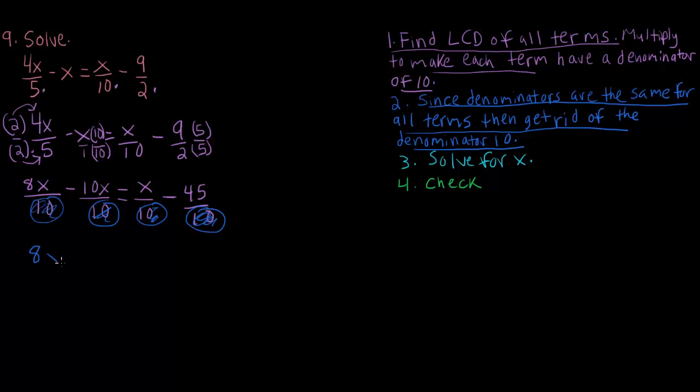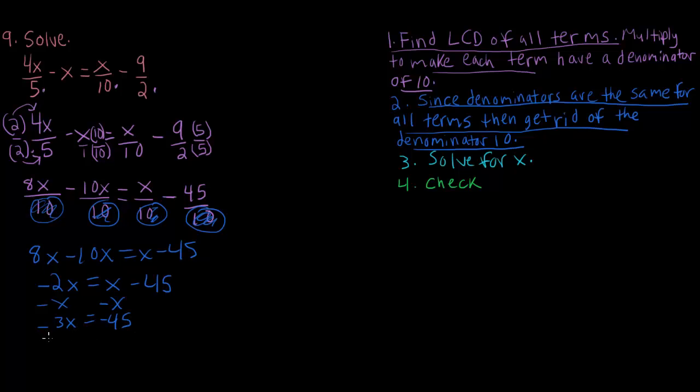Now we're left with just the numerators, which is 8x minus 10x equals x minus 45. And then if we simplify, we have 8x minus 10x, which is negative 2x, equals x minus 45. And if we subtract, we want to get x on one side, so x by itself. So if we subtract x from both sides, we have negative 3x equals negative 45.